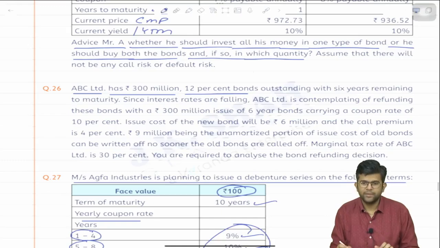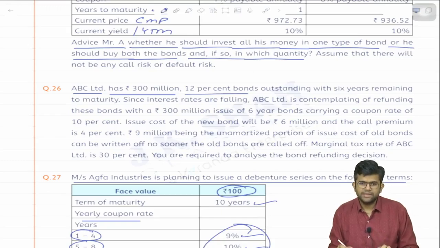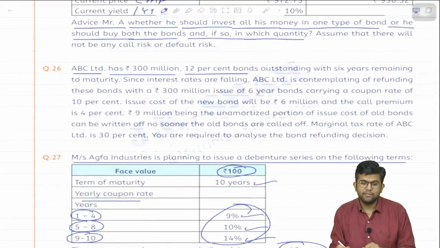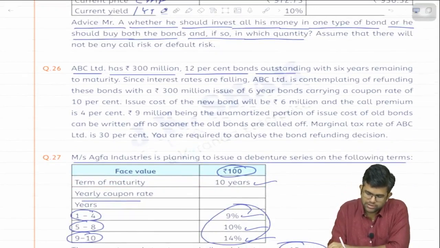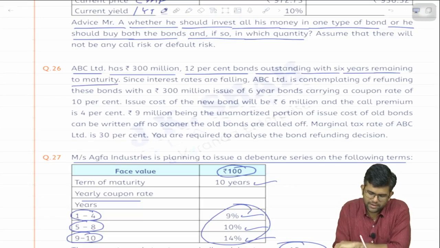Okay, ready? All right. So ABC Limited has 300 million 12% bonds outstanding with 6 years remaining to maturity.